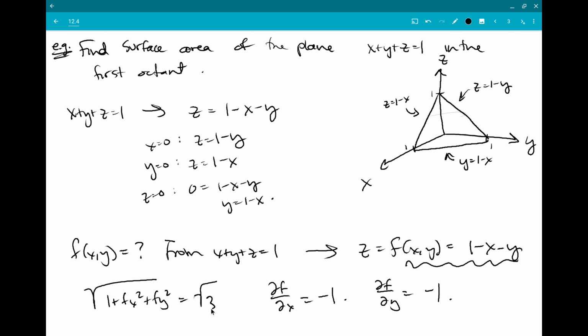So that's square root 3. And sometimes this will be a function of x and y still, and that's okay, as long as it's a scalar. So you could have square root x squared inside.